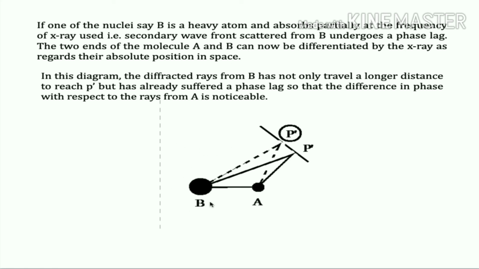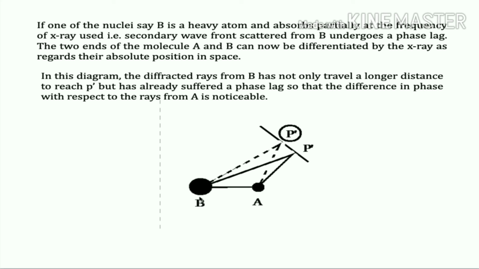So if I take one of the nuclei as a heavy atom, it is going to partially absorb the X-ray we strike it with. Then the wave coming out from B is somewhat lagged in phase compared to A. So now they are differentiated, whereas previously both were traveling at the same phase. Now, whenever the B atom is replaced by a heavy atom, there will be partial absorption of X-ray.